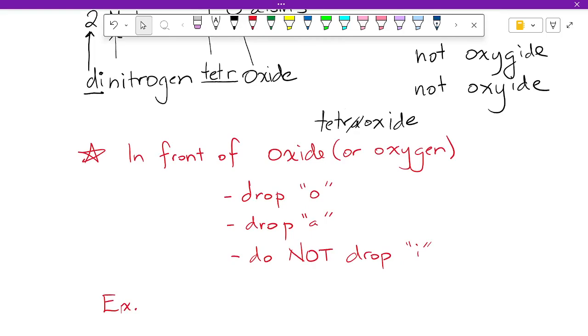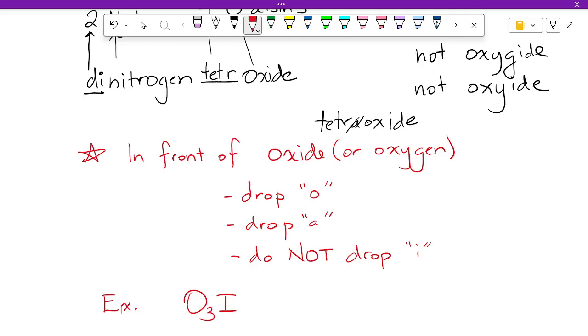Let me see. O3I. This is not a real compound. Sometimes, just so you know, I am making up pretend compounds, okay?